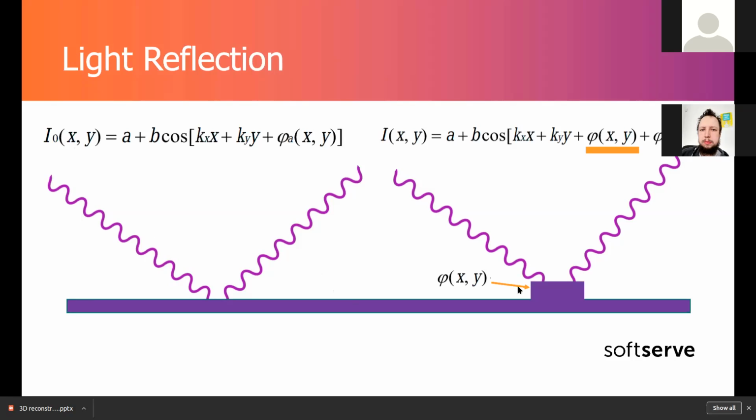Then when we have some object on it, the reflected capture is different, and it introduces some phase shifting in the captured image, and we can then decode this signal in order to receive this phase shifting that uniquely decodes the depth of the object.